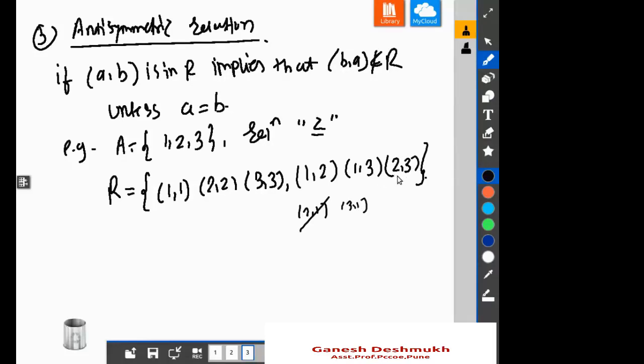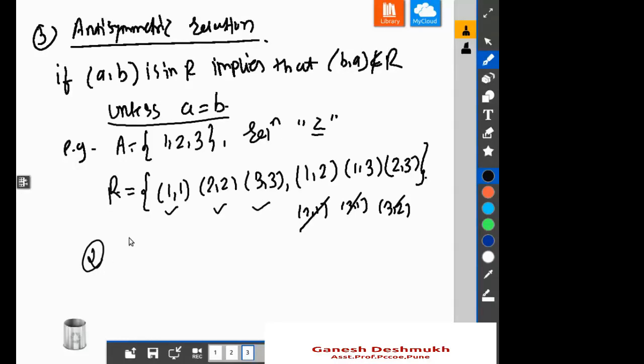Also we can check that (2, 3) is there in this relation, but (3, 2) is not there. So it satisfies the property of antisymmetric relation, and unless A equals B, meaning (1, 1), (2, 2), (3, 3), is allowed in an antisymmetric relation.